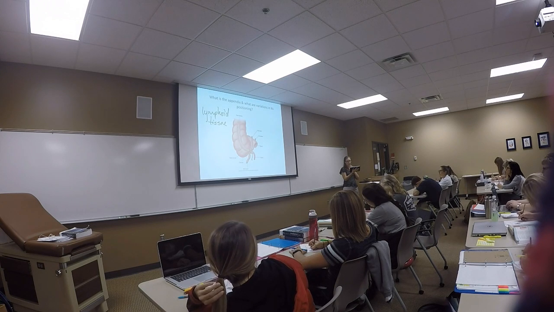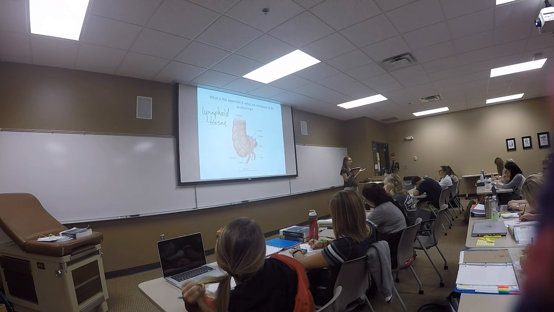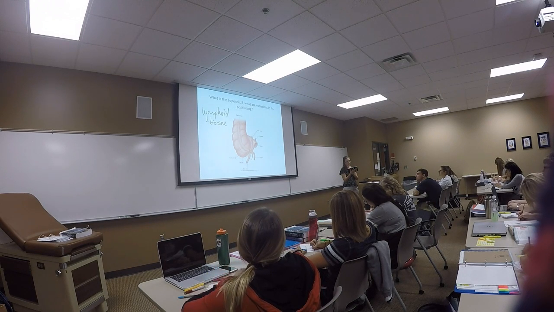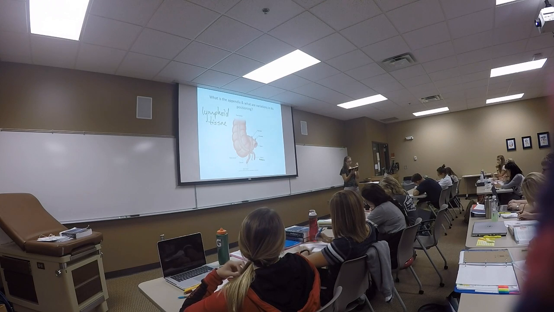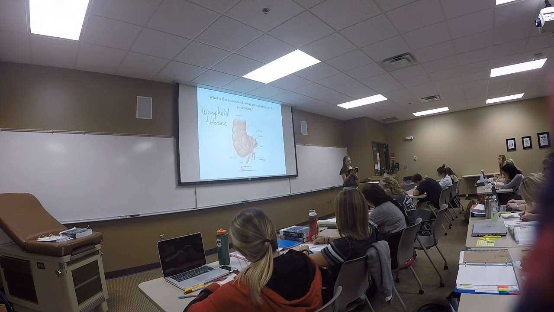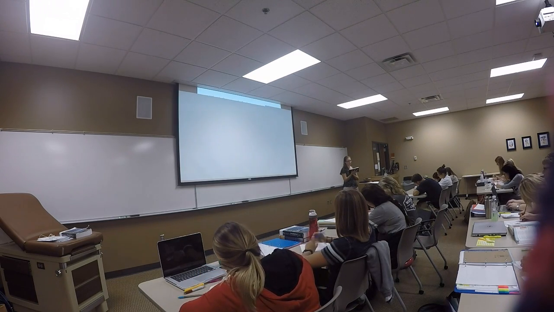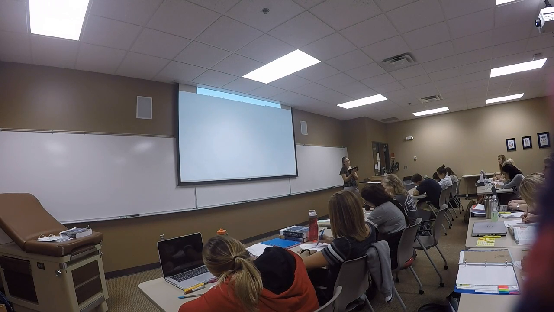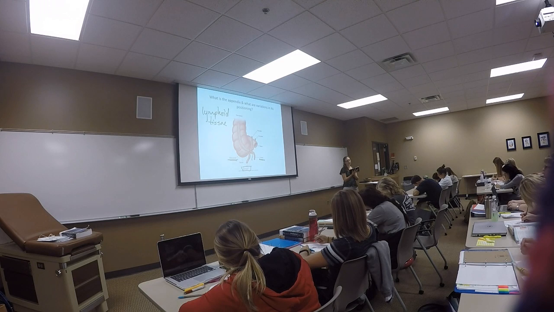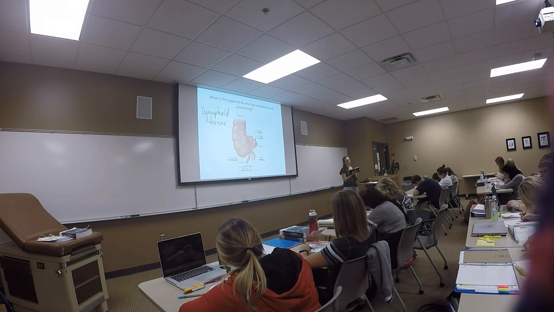Also want to note that there are several different positions the appendix can take. So the normal one that we see in the diagrams is what we refer to as the pelvic position of the appendix, but it can also be rotated inferiorly to be subcecal. It can be turned underneath the cecum as the retrocecal, or it can be flipped the other way and be either behind the ileum, the post-ileal, or in front of the ileum, the pre-ileal position.